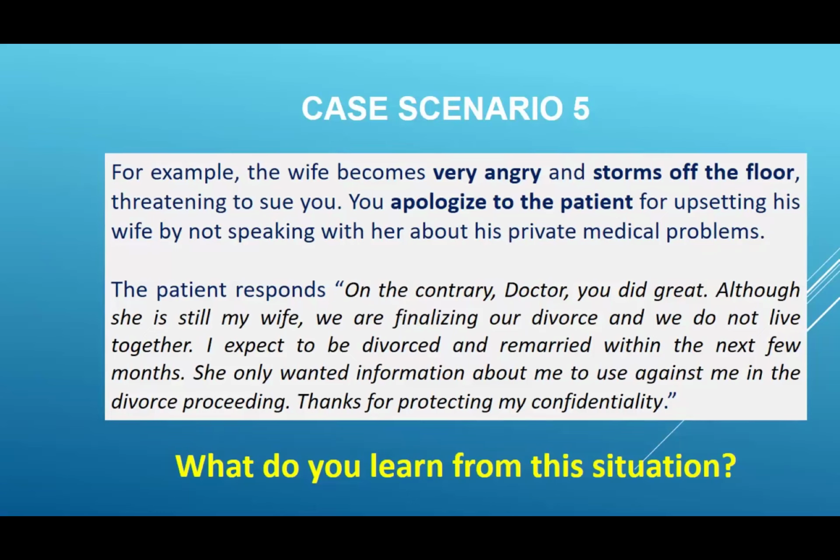I expect to be divorced and remarried within the next few months. She only wanted information about me to use against me in the divorce proceeding. Thanks for protecting my confidentiality.